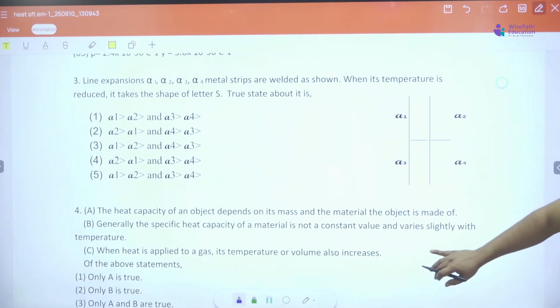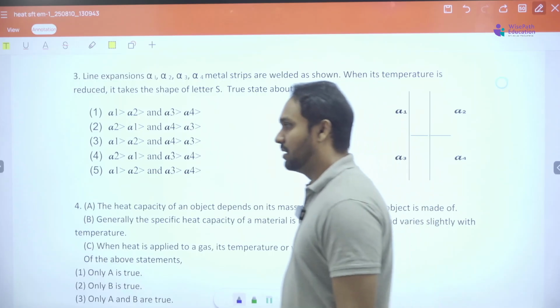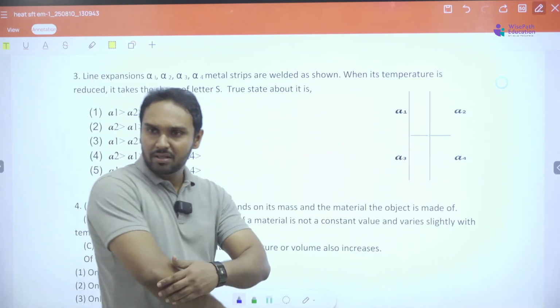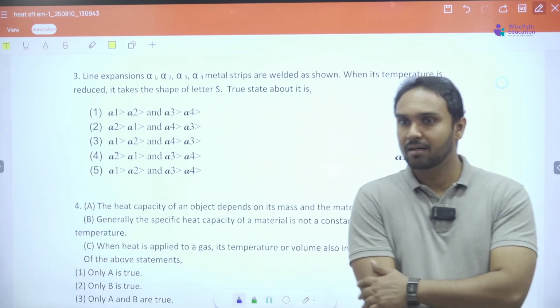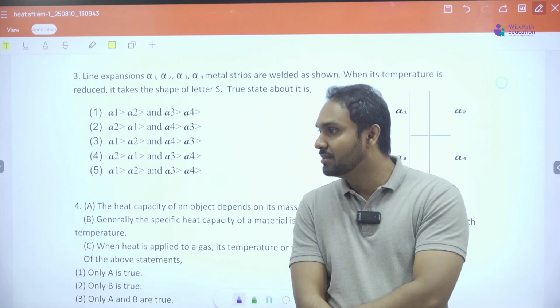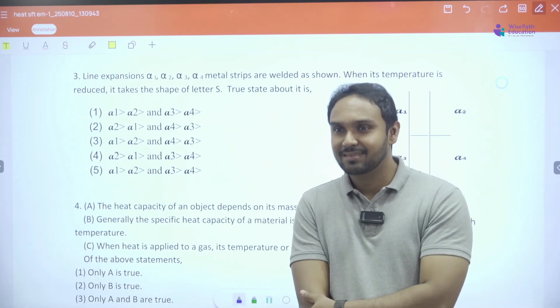Try doing it, think a little bit. You know the bimetallic strips? Ever learned about it? Bimetallic strips.